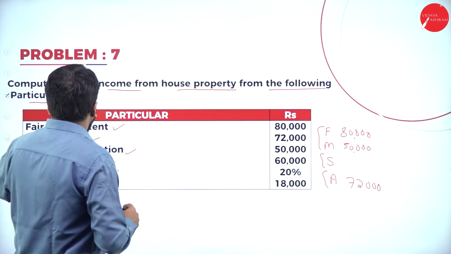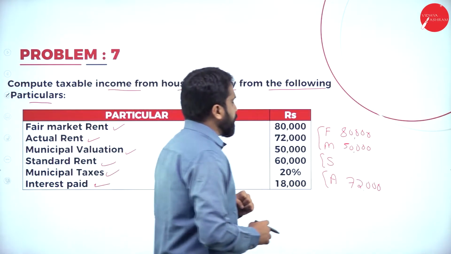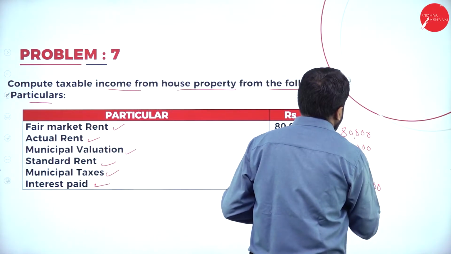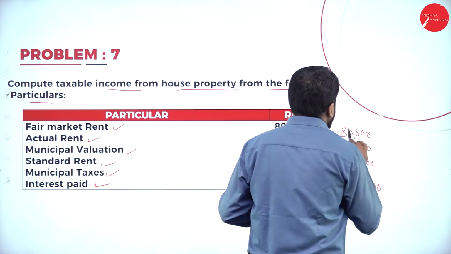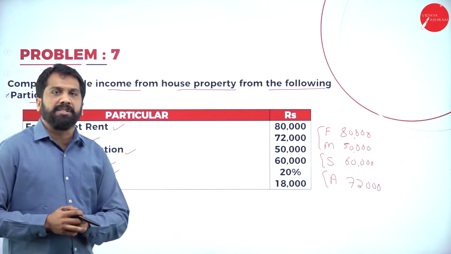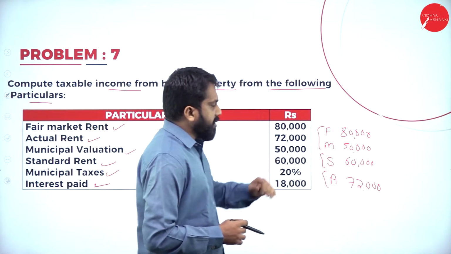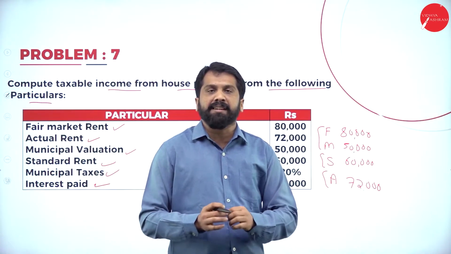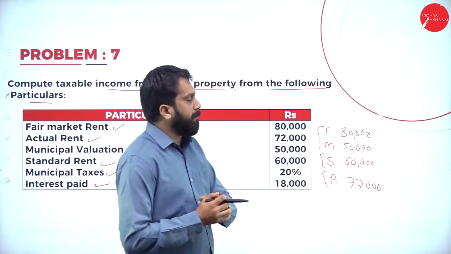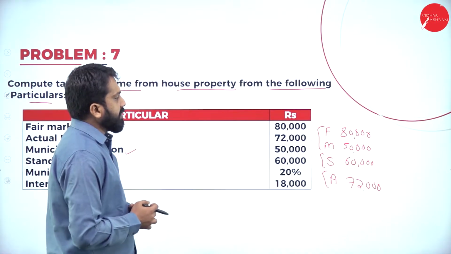Then, your standard rent, it will be 60,000. So these are the information we have: 80,000, 50,000, 60,000 as well as 72,000.